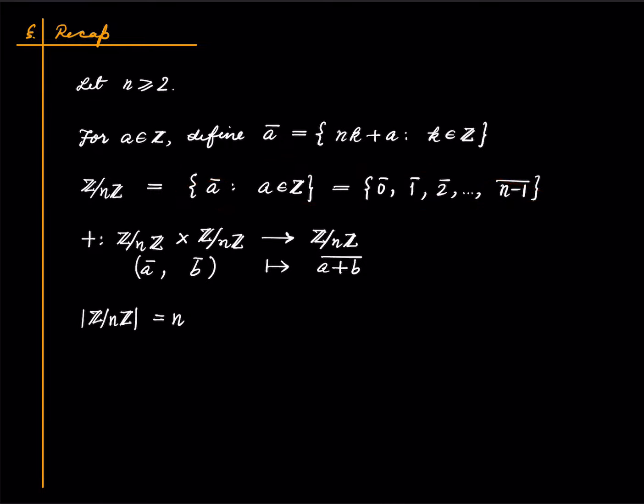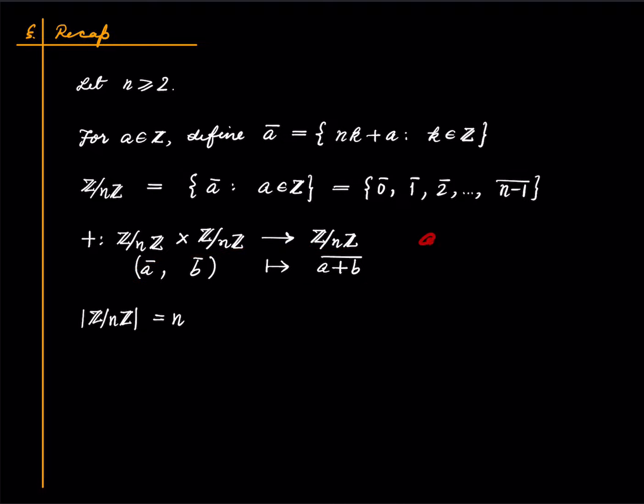And then we defined an operation on Z mod nZ which sent a bar comma b bar to this set. Basically, you can choose a representative of an element here and an element here, and then just get the corresponding element in Z mod nZ. This is well defined, although we didn't define it this way exactly.